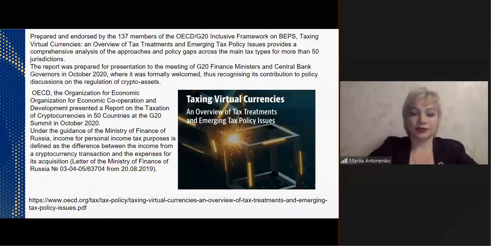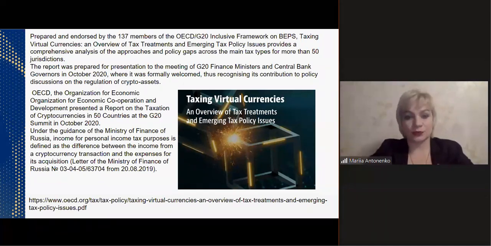So here is a fresh document dated October 2020. The Organization for Economic Cooperation and Development, OECD, works with the G20 countries, and includes all those previous 109 countries that listen to the recommendations of the OECD.